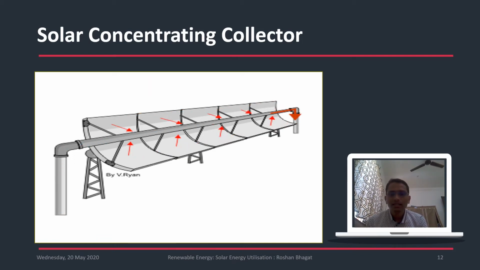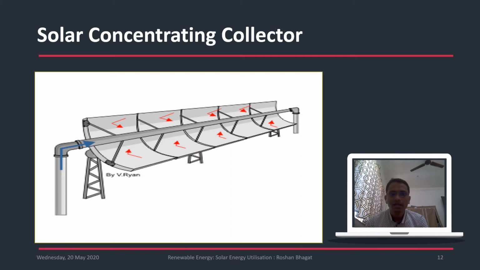We'll see them one by one. Now this is one example of a concentrating type of collector. You can observe here the water is coming in, and the water will be heated because of the higher value of radiation. Here you can observe the arrow. Initially it is blue in color, then it is red. It means the fluid is coming in and the heated fluid is coming out.